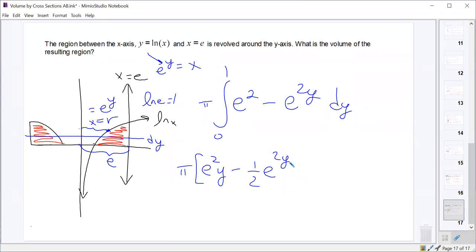So if you do the u sub on that, I'm just going to write it out real quick. e to the 2y becomes e to the u, with u equal to 2y. du is 2 dy. So when you put in the 2, you got to put in the 1/2 outside. And that's where that 1/2 comes from. It becomes 1/2 the integral of e to the u, which is 1/2 e to the u, which is 1/2 e to the 2y. Everybody good there or no?